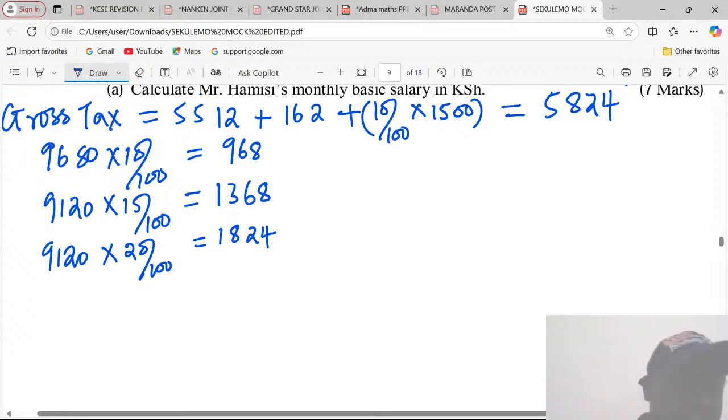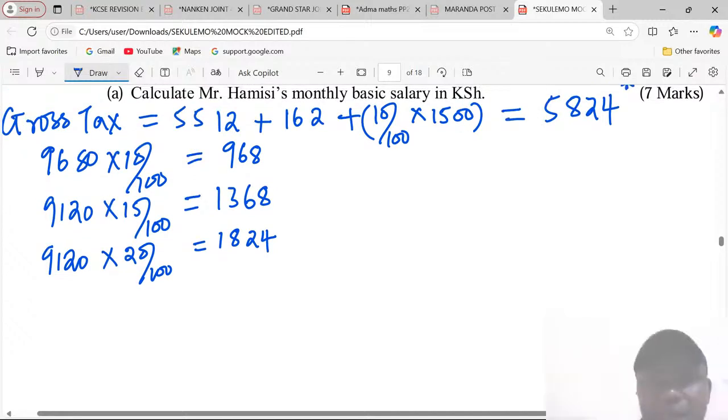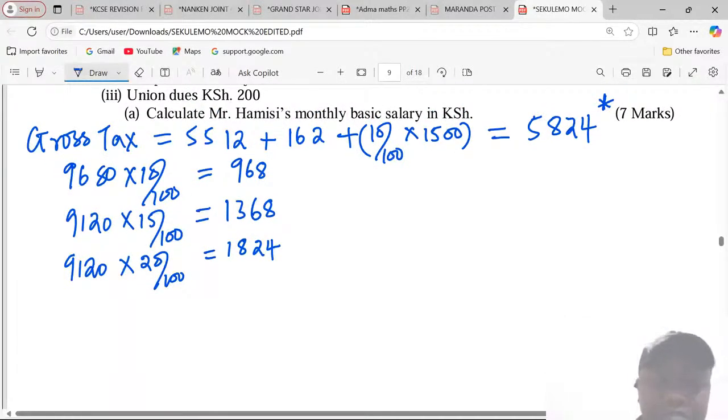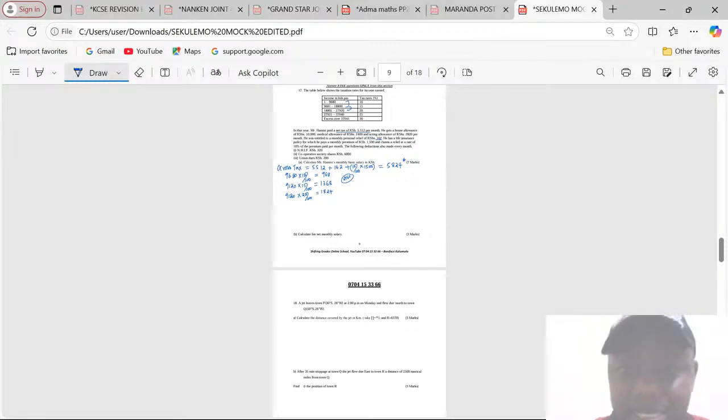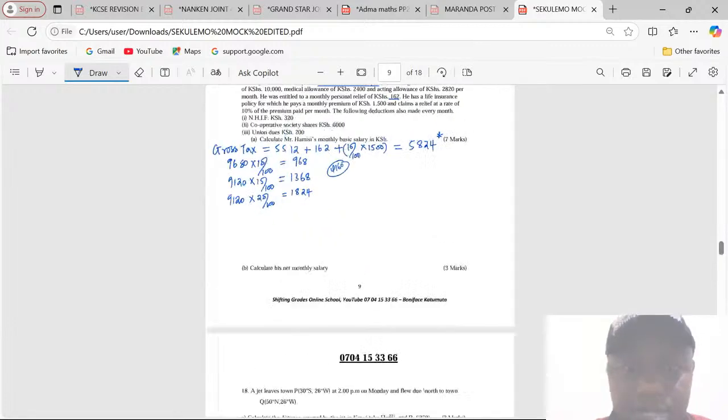We can keep checking whether we are anywhere near 5,824. So when I take 968, add 1,368, and add 1,824, I'm having 4,160. Which means we still need to continue taxing.